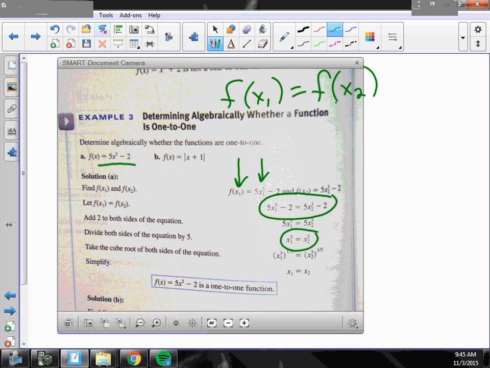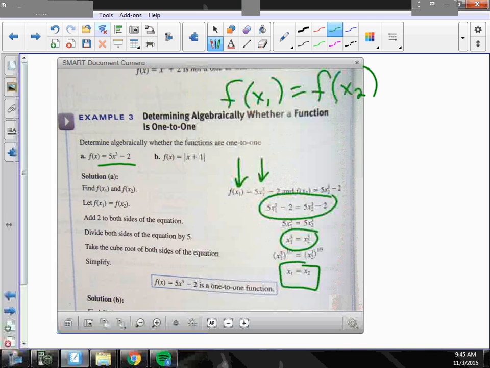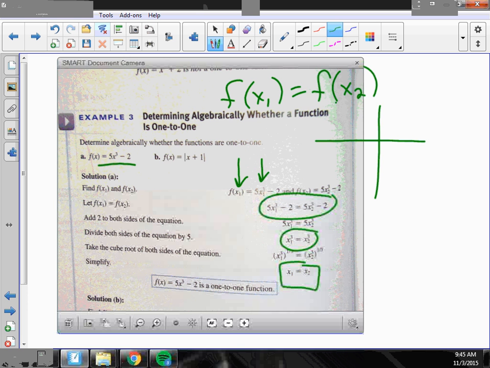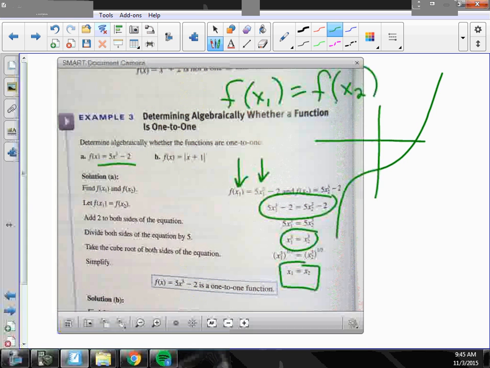Take the cube root, and I get the first x equals the second x. Now that might seem weird. We just plugged in x sub 1 and x sub 2, and they equal each other, so it is 1 to 1. And that graph looks like this. So yes, it's 1 to 1, but this one is not.